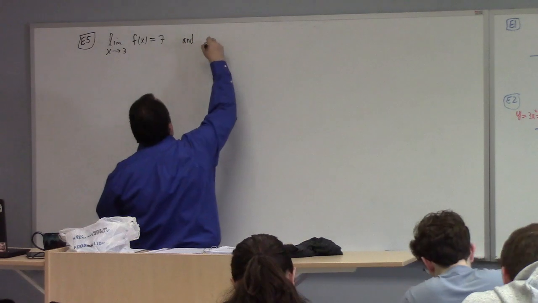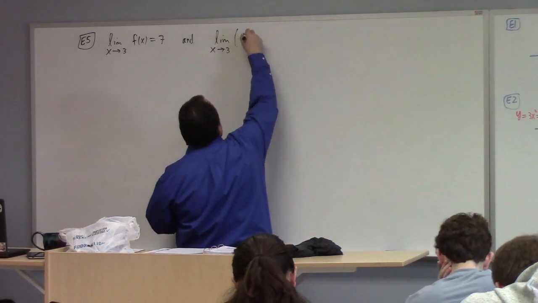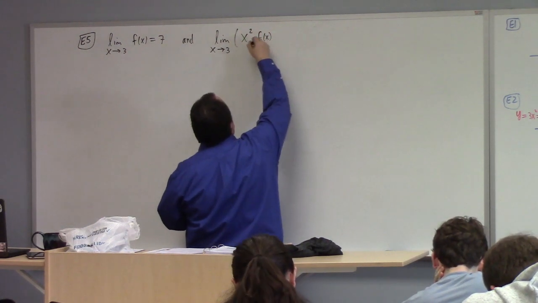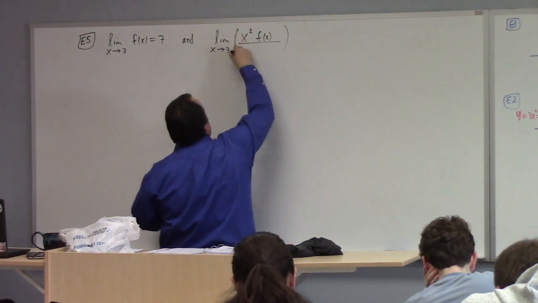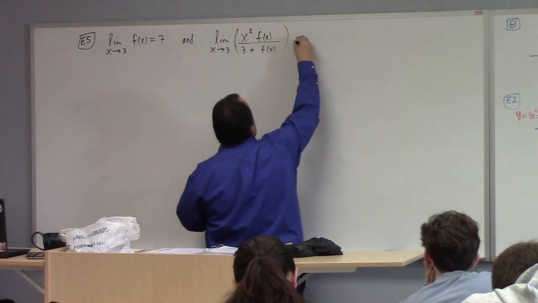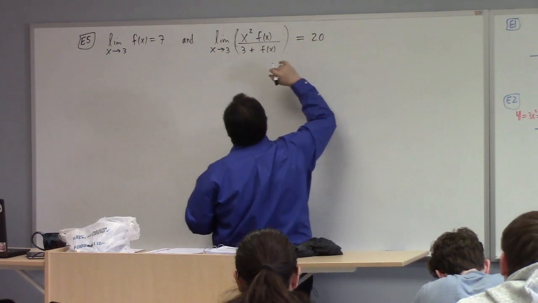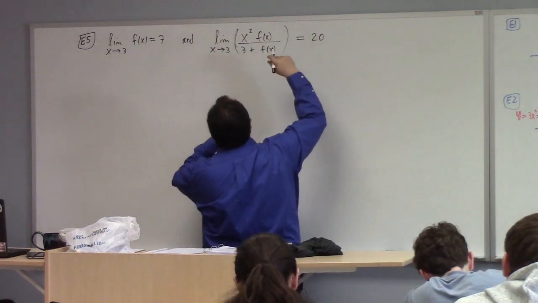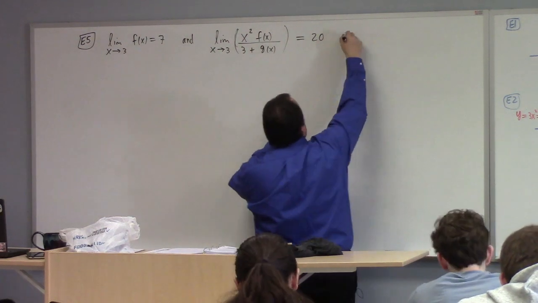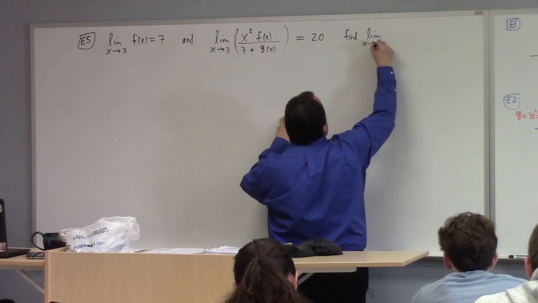And you're also given that the limit as x goes to 3 of x squared f of x divided by 3 plus g of x is equal to 20. My bad, I meant to put g of x down here. Then the question is, find the limit as x goes to 3 of g of x.